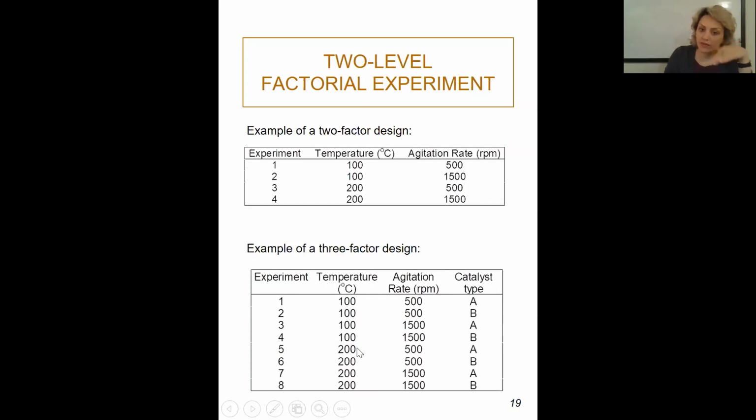I have 2 levels for each factor, but I have 3 factors. I have low and high level of temperature, low and high again of the rate, and 2 different types, A and B, of catalyst type. So you can see that we have 2 power 3 for this one.